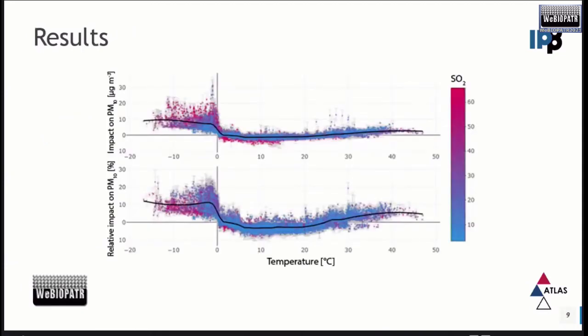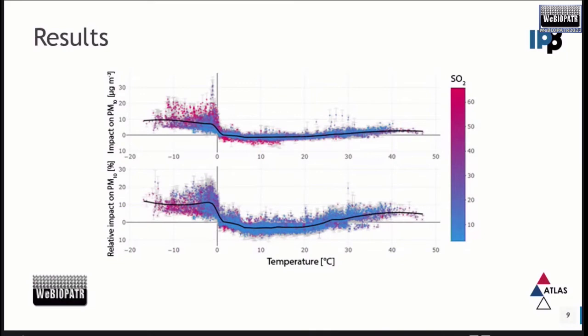We used the concentrations of air pollutants and meteorological data from the Belgrade area in a 3-year period from 2017 to 2019. The first diagram represents the influence of the meteorological parameter temperature on PM10 concentrations in the context of sulfur dioxide concentrations.